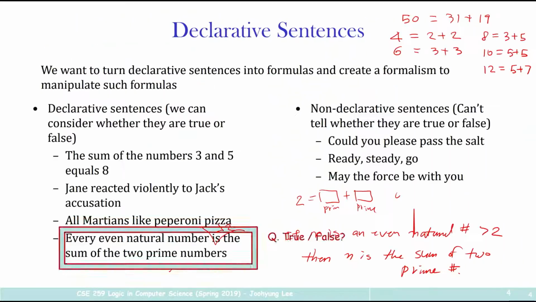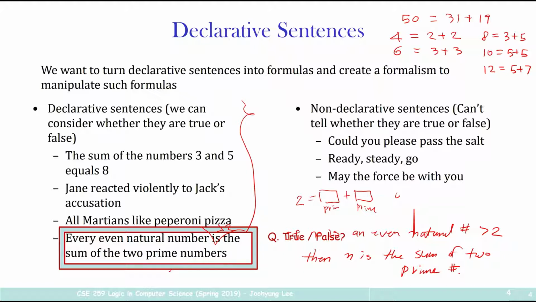All right. Oh, by the way, what we want to say here is we are going to consider sentences of this kind, where we can say we don't know whether this is true or false, but in principle it should evaluate to true or false. These are the sentences that we are considering. And non-declarative sentences like imperative or question sentences, those we don't care about.